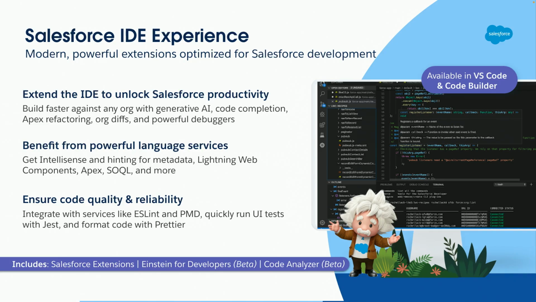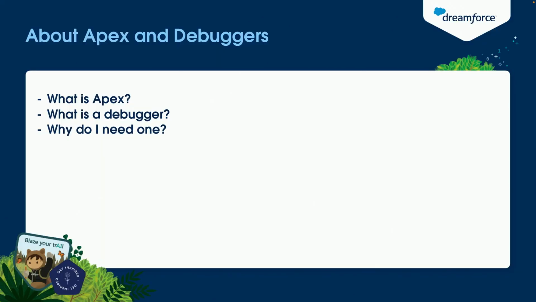With Salesforce extensions, you can perform basic metadata operations like deploy and retrieve source to and from the org. It offers basic language server features like code completion and intelligence. The Salesforce extension pack comes with a large set of tools that helps you write, test, refactor, or debug your Apex code.